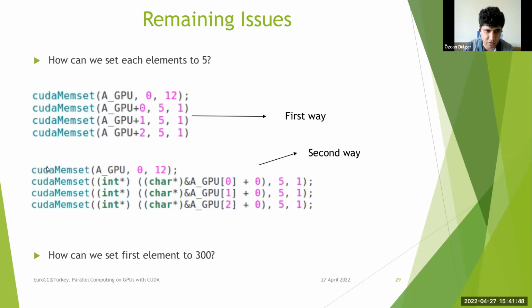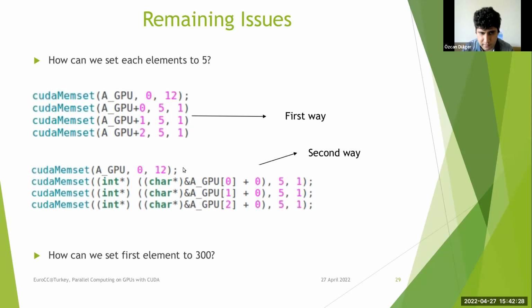And this is the second way. Again, we set all of the bytes to zero. Now, by casting the address of the array to a char array, we are accessing the address value as a value, and then we add 0 bytes to this address for the first element, add 1 element offset for the second, and for the third element's address.